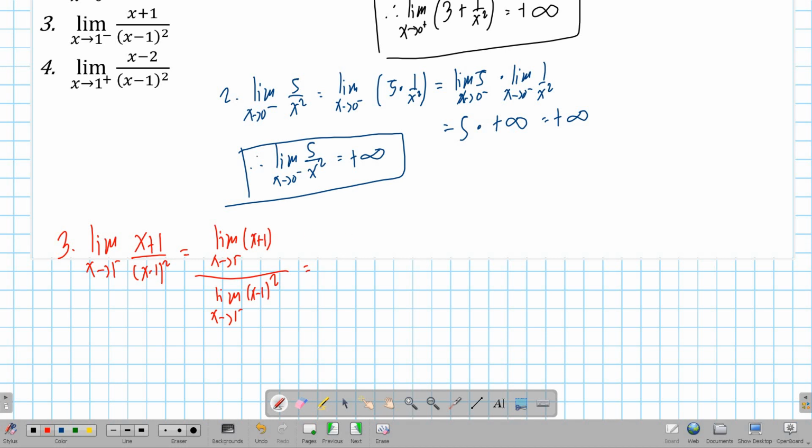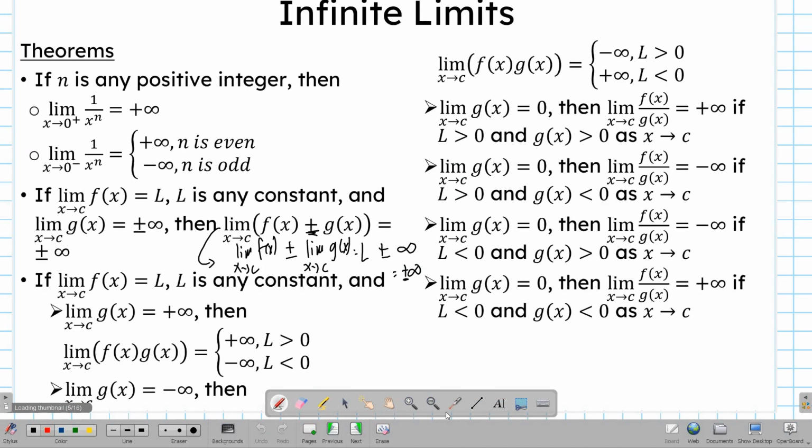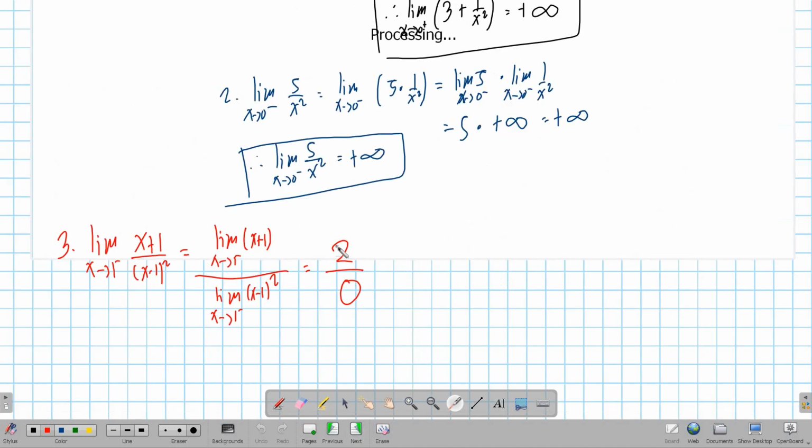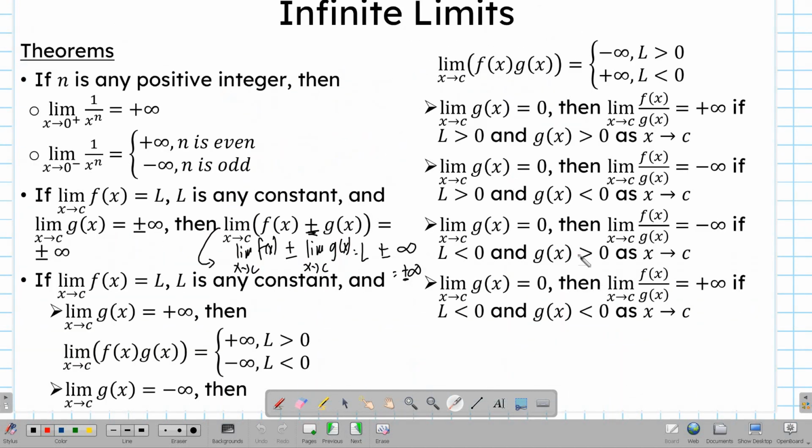In the numerator, this gives 2, but in the denominator, this gives 0, which makes this undefined. And based on our theorem here, since we have the value of 2 which is positive, it can either end up like this or like this.